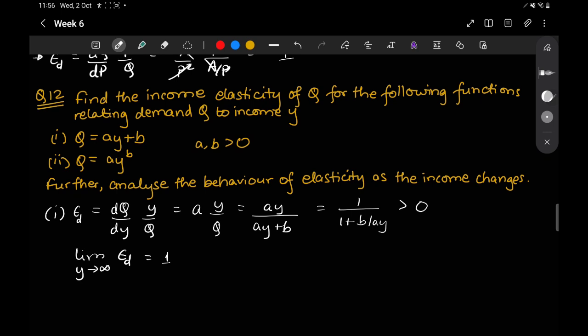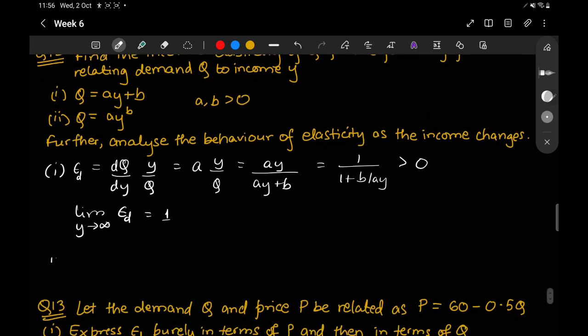and limit Y tending to infinity is plus 1. For the next part, dQ over dY now will be A B Y to the power B minus 1.